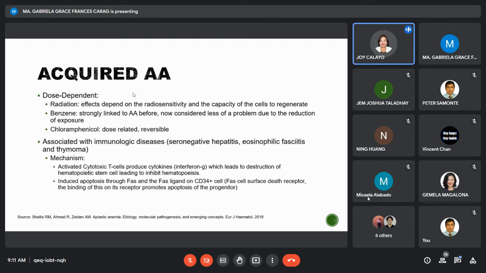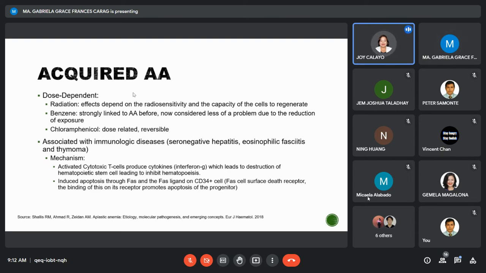If you look at the description, you have two descriptions for these immunologic diseases. So they involve activation of cytotoxic T cells, and then you have the other one, which is increased apoptotic activity.